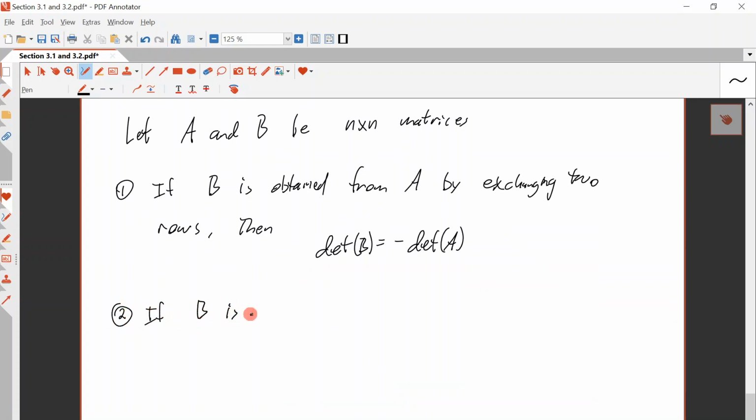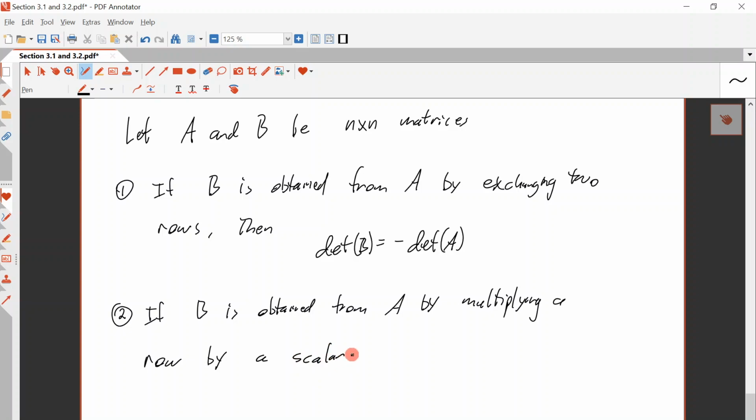If B is obtained from A by multiplying a row by a scalar k, then the determinant of B is that scalar times the determinant of A.